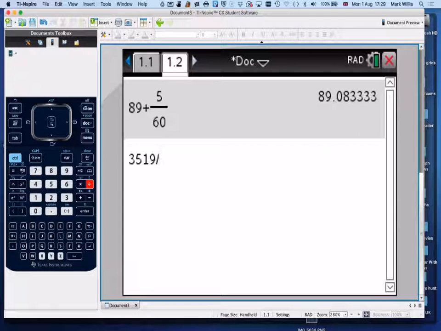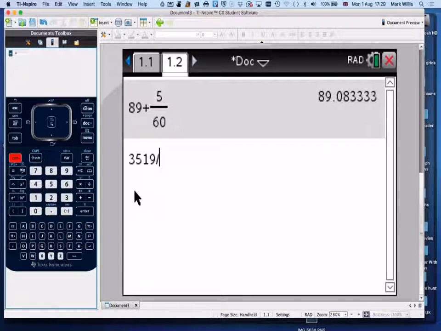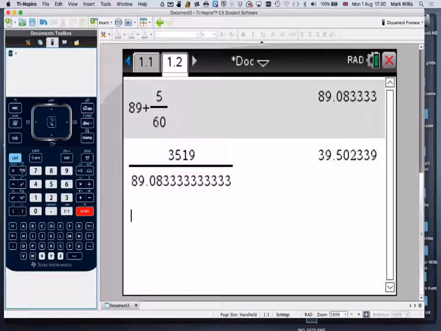Now, instead of writing 89.08333, because this is the last answer in the calculator, and only because it's the last answer in the calculator, we can press this button here, which is control and the minus sign, which, if you look at the top, is answer. Okay, and then if we press enter now, you see what it puts. It puts the total distance and the time from here. And then we get another answer, which is 39.502339 kilometers per hour.